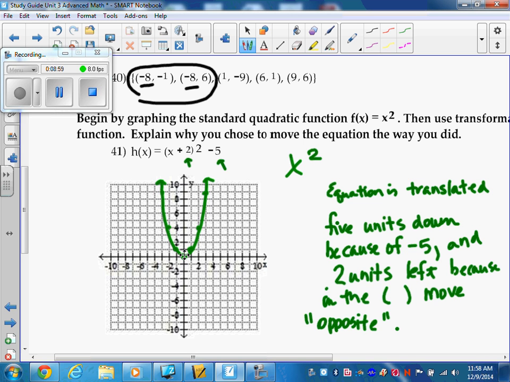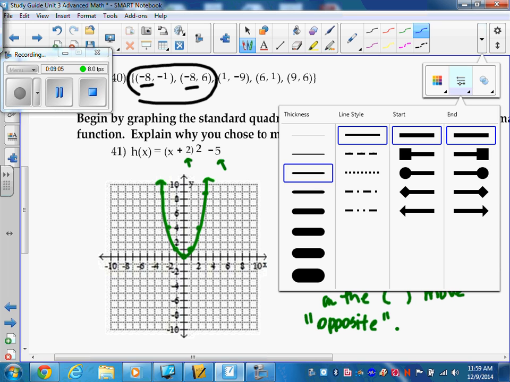Or something to that effect. But the bottom line is my new vertex is not going to be 0, 0, but is going to be, you can see here, it's going to be left 2 and down 5.